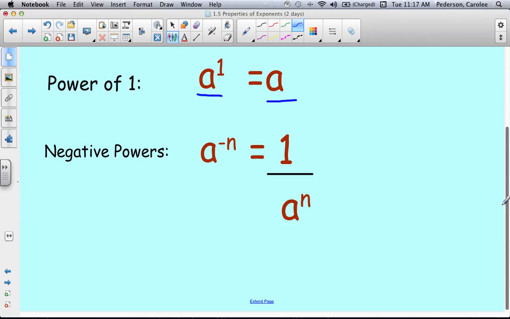The next property is when you have a negative power. We don't want you to leave answers with negative powers. So if you see something like a to the negative n, what you do is you reciprocate. So you go 1 over a to the positive n.